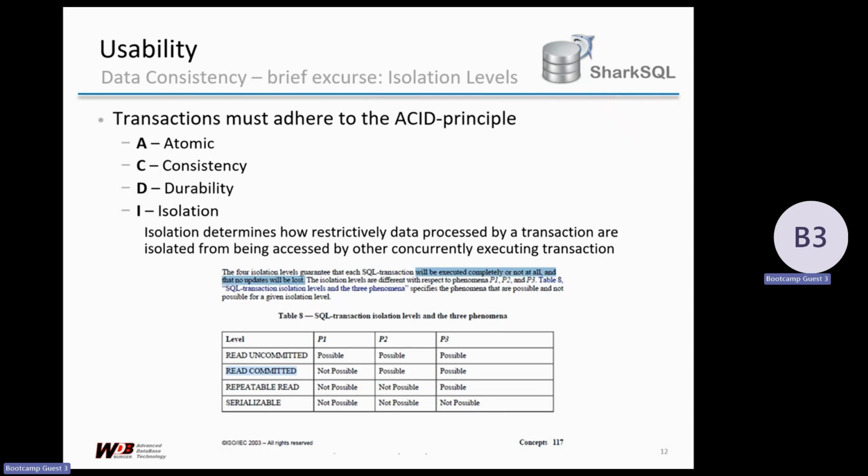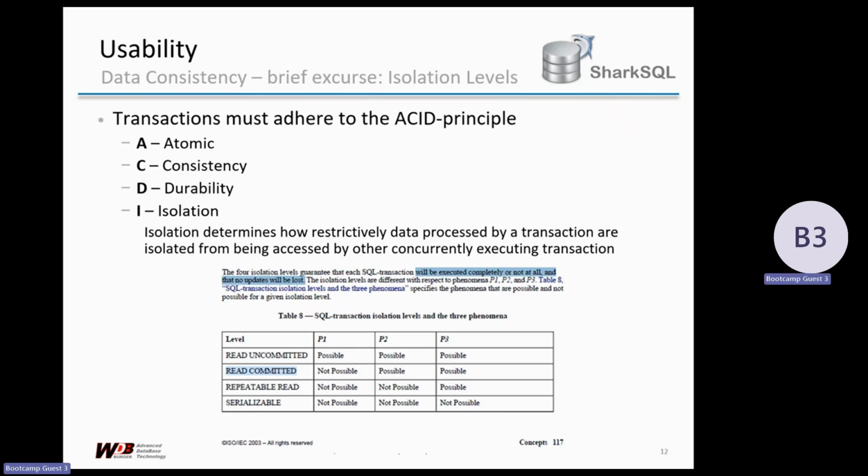When you commit your transaction, either everything is written to the database or nothing. So it's easy to understand. Consistency means that at the end of a transaction, the database must be transferred from one consistent state to another consistent state. The database must always be consistent.